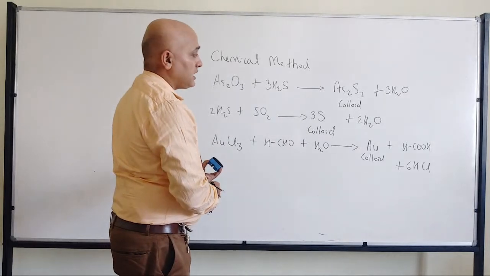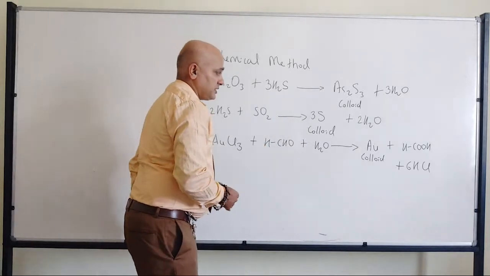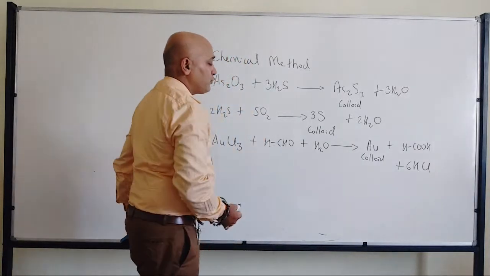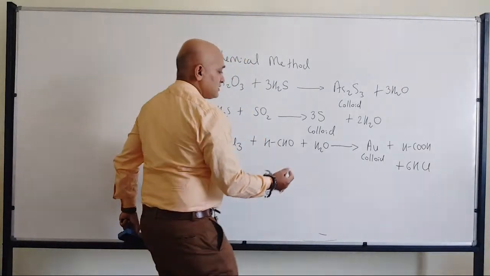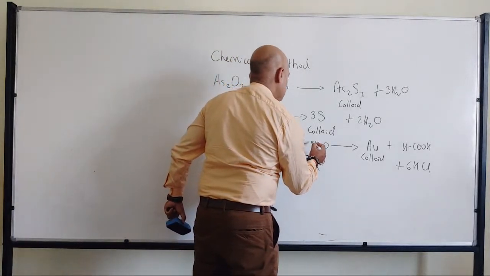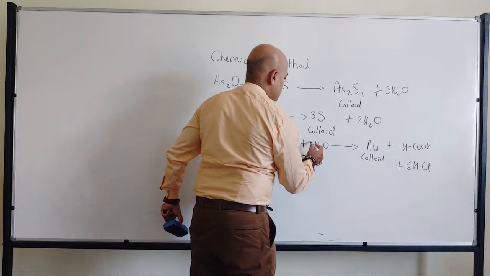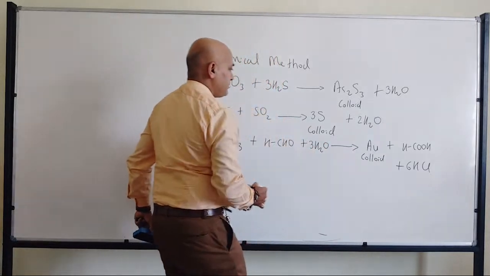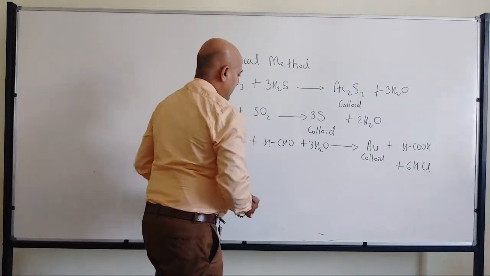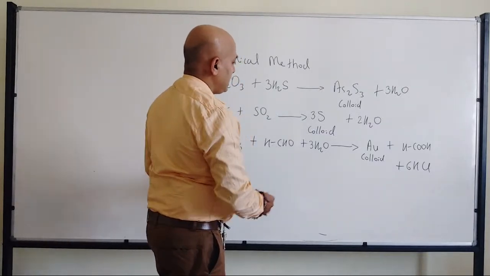So here how many hydrogens are there? 2 and 2, 4 hydrogens are there. So since oxygen is single here, I will make it as 3. 3 2s are 6 and 2 is 8. Okay, fine. Here it became 8.